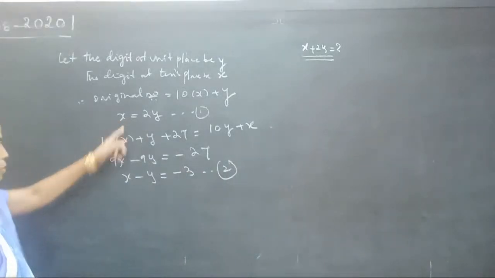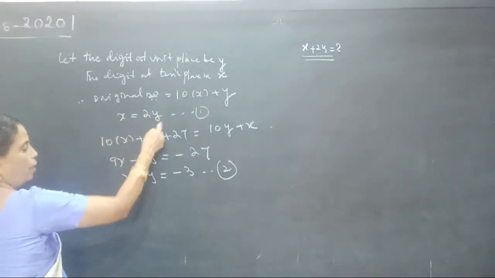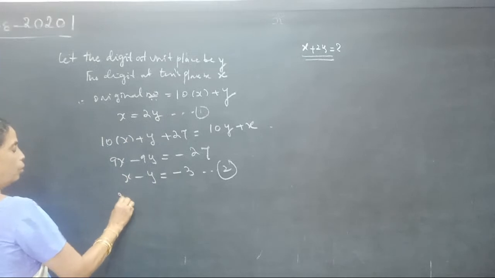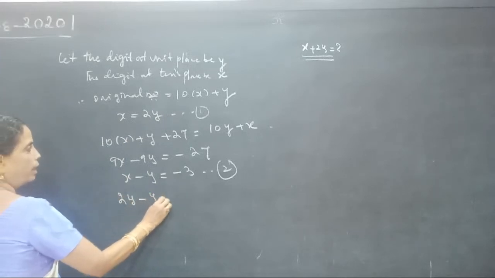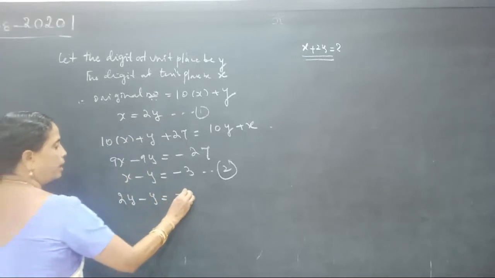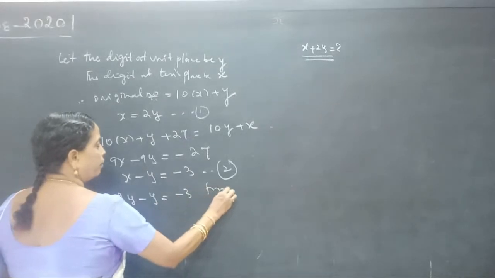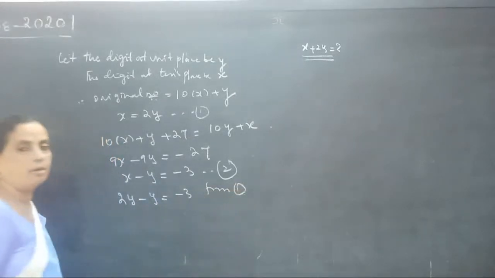First one, if you substitute, 2x minus x equals minus 3, right, from the result 1. You got it?